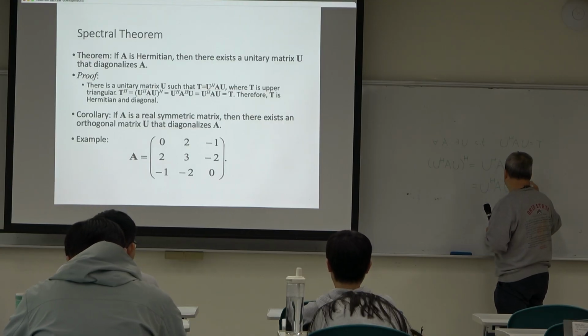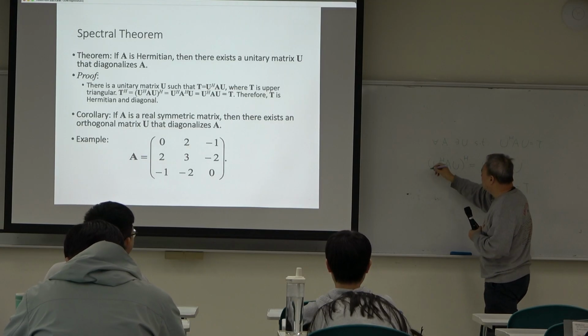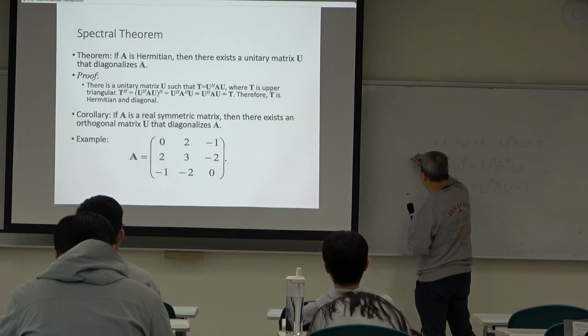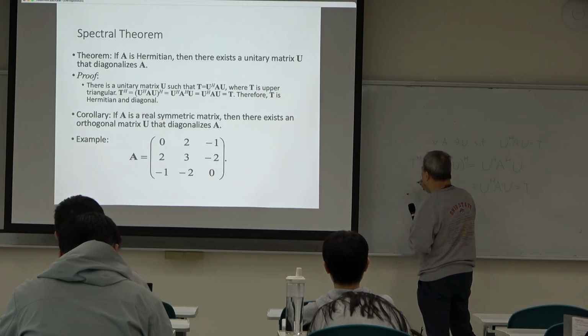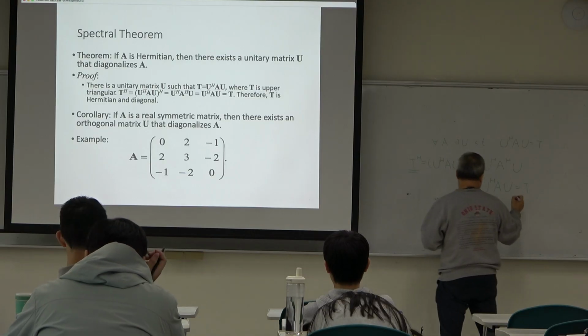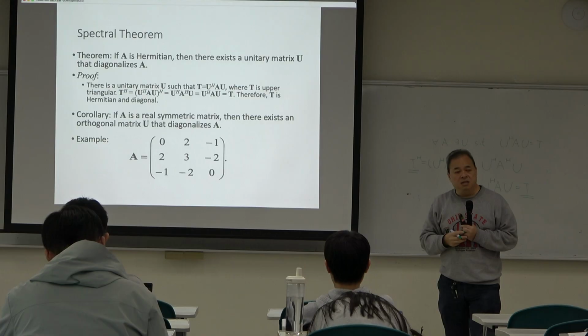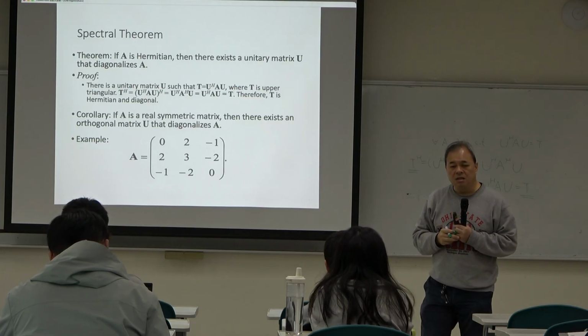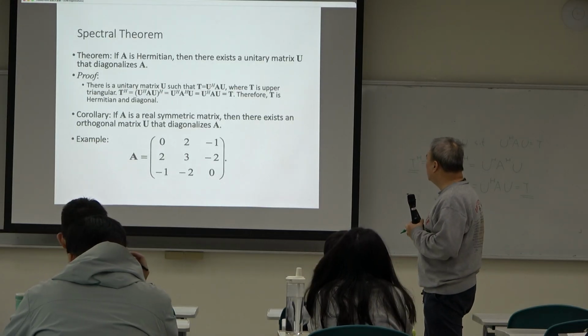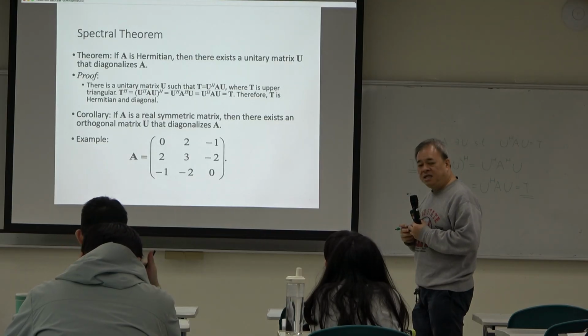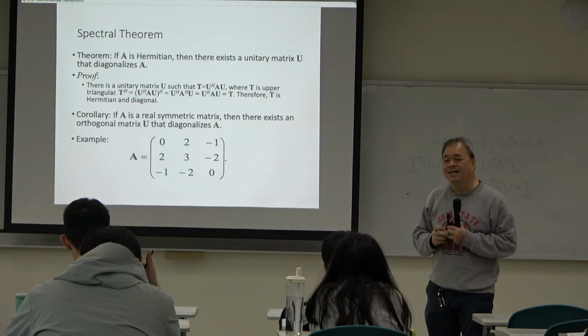So this is T, right? By the way, this one is T^H. So if T^H equals T, what does it mean? Remember, T is upper triangular.